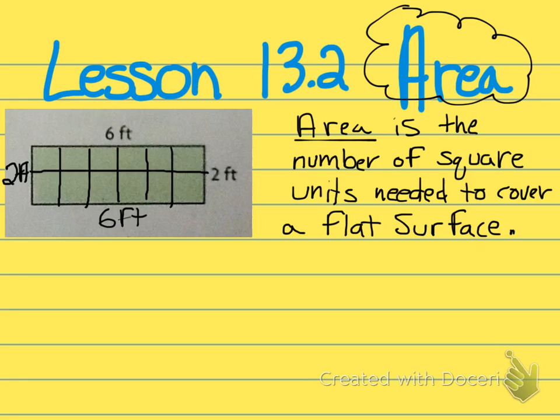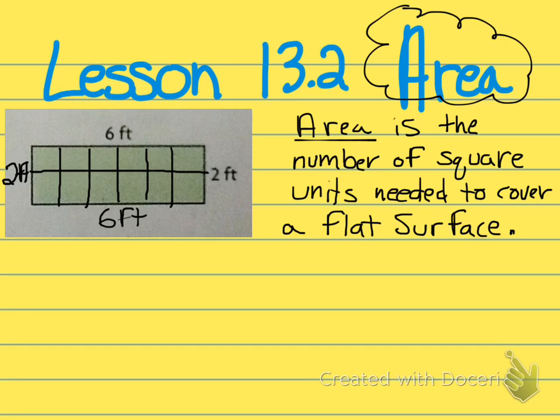Right, and those are all square units that cover that surface inside of the perimeter. So it's a 2-dimensional measure because we measure with square units.